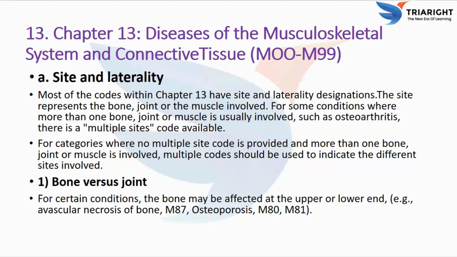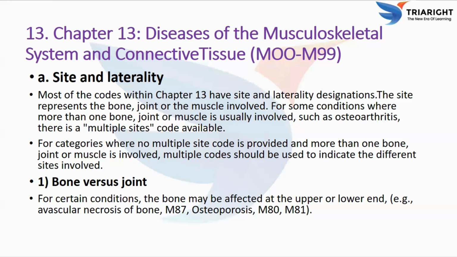Multiple sites involvement. Some musculoskeletal conditions affect more than one bone, joint or muscle. There are two possibilities. One is if a multiple site code exists. Some conditions already have a multiple sites option. For example, osteoarthritis affects many joints, so codes like M15.0, primary generalized osteoarthritis, cover multiple joints.